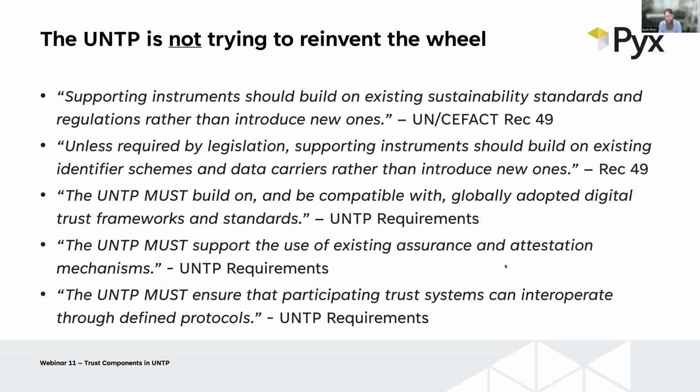Recommendation 49 is the policy document called Transparency at Scale. The key idea from Rec 49 is that supporting instruments should build on existing sustainability standards and regulations, rather than introducing new ones.